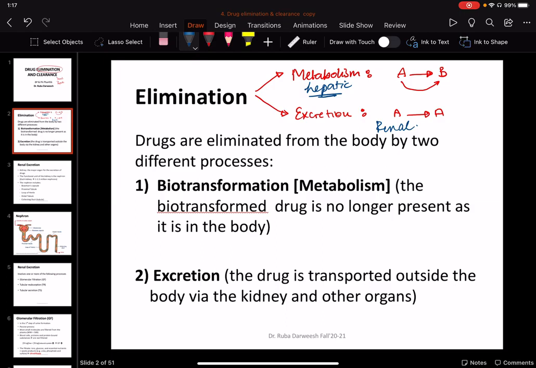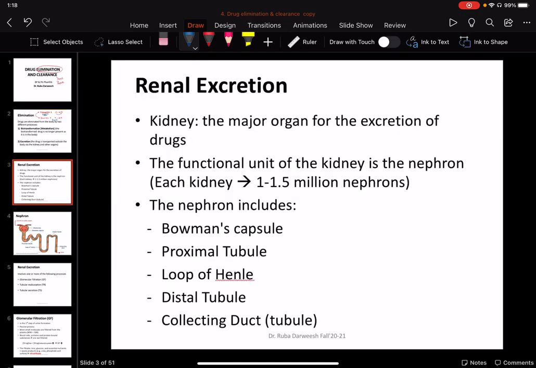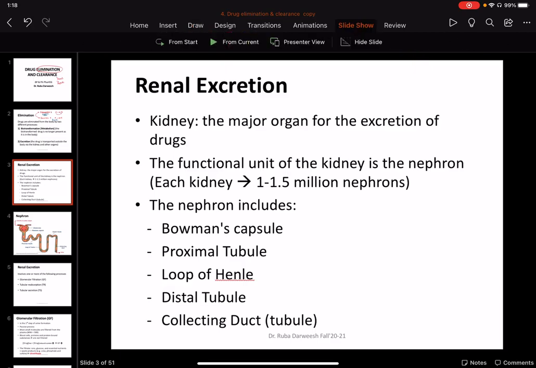Okay, so we will talk a little bit about renal excretion before we go into hepatic metabolism.